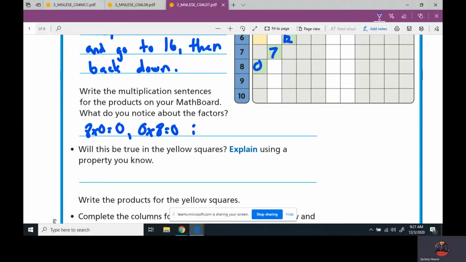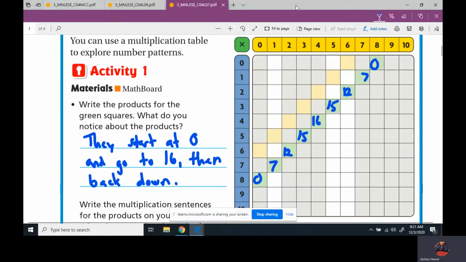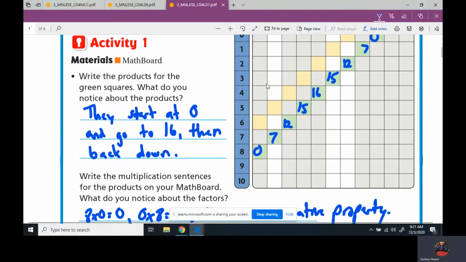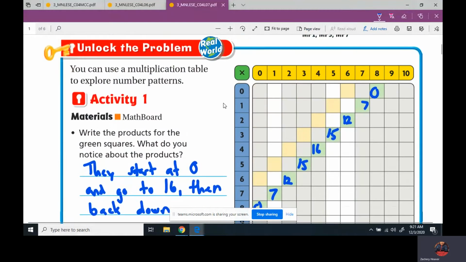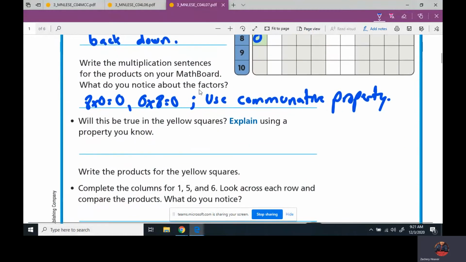So they use the commutative property. We have 8 times 0, which is 0, 7 times 1, which is 7. Over here, we have 1 times 7, which is 7. So 7 times 1 and 1 times 7 is the same thing. For example, 6 times 2 and 2 times 6 is the same thing.